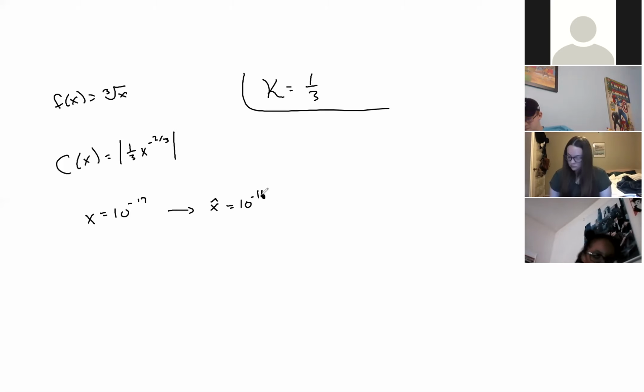All right, so that seems like a pretty small change. Relatively, it might be a big change, but going from 10 to the negative 17th to 10 to the negative 16th doesn't seem like that big of a deal.